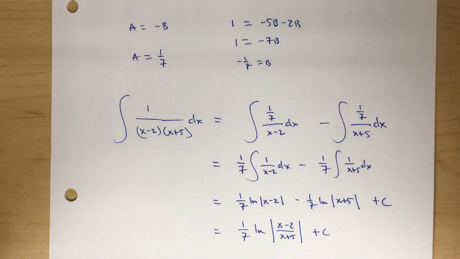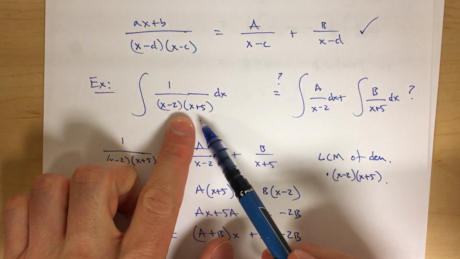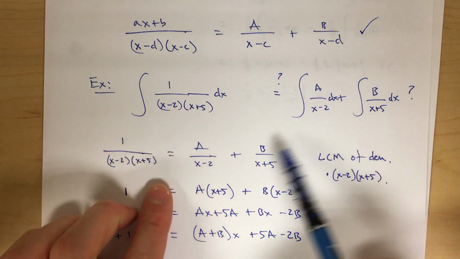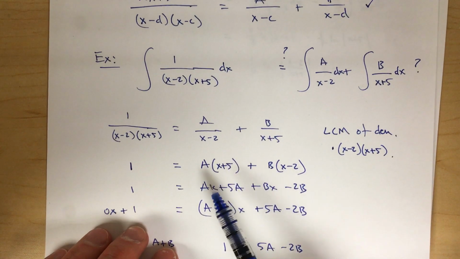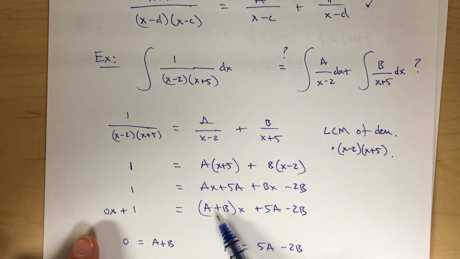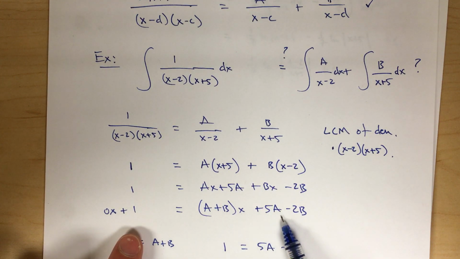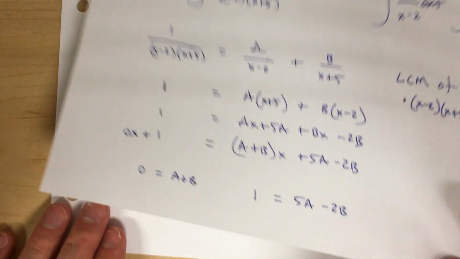So, oh my goodness, what a problem, right? Let's go back here to the very beginning and remind ourselves that we had this. We think it might be equal to this. So we set them equal to say, can we find a and b such that this is true? We multiplied by the least common multiple of the denominator. We know that the coefficients of x and the constant terms have to be equal. That gives us two equations for a and b.